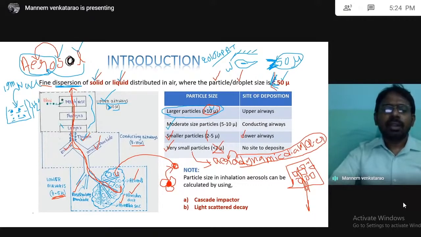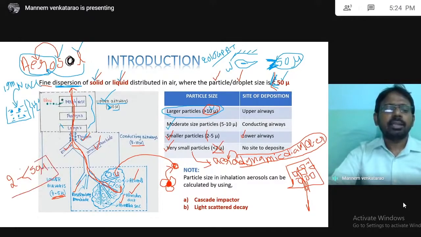That's why the particle size in inhalation aerosols always ranges between 2 microns to less than 50 microns. This is called the particle size distribution in inhalation aerosols.